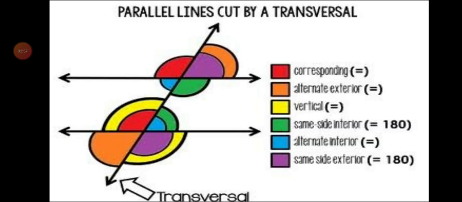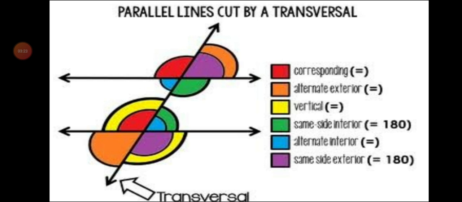So dear students, this is the picture in which you can see parallel lines cut by a transversal, and the angles which are equal to each other are represented by the same color. On the right hand side, the red boxes represent corresponding angles. In the figure you can see two angles marked red, they are equal and they are termed corresponding.